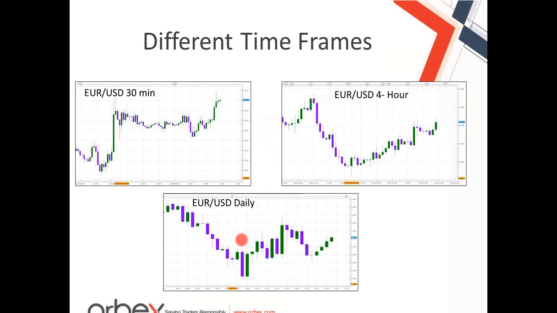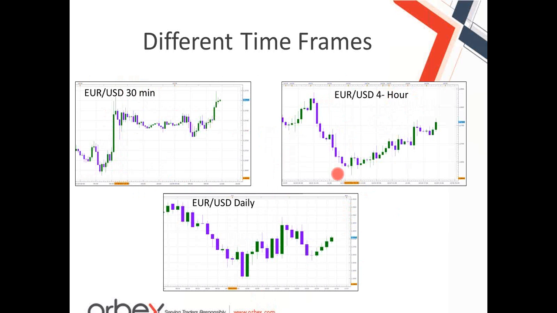And what does that mean? This number, the 30-minute or the 4-hour, means how long it took for each of these candles on the chart to be made.